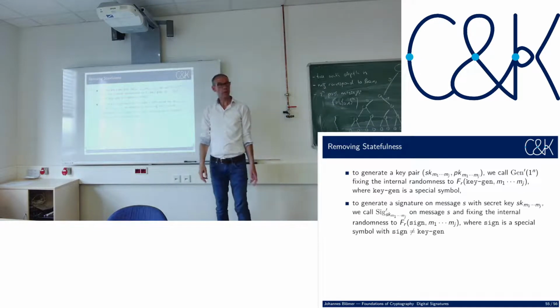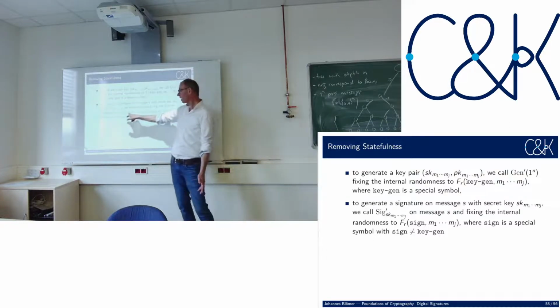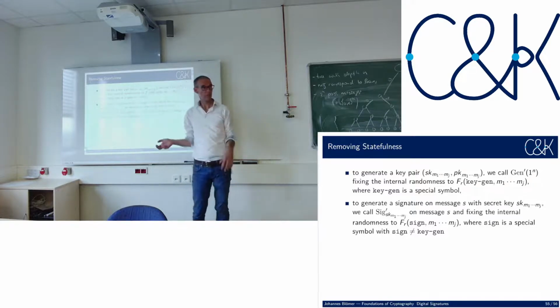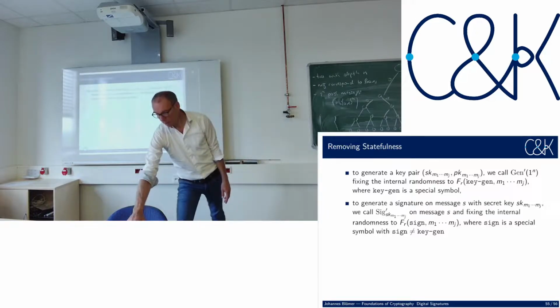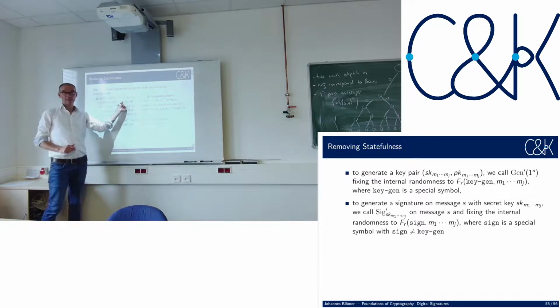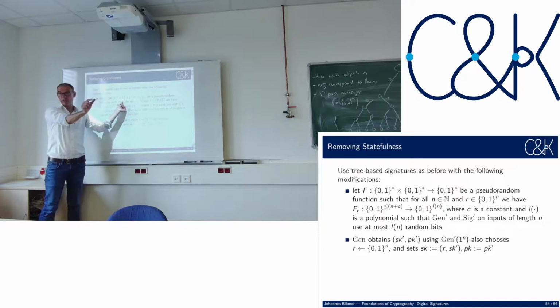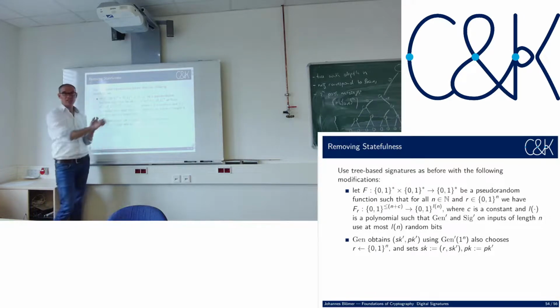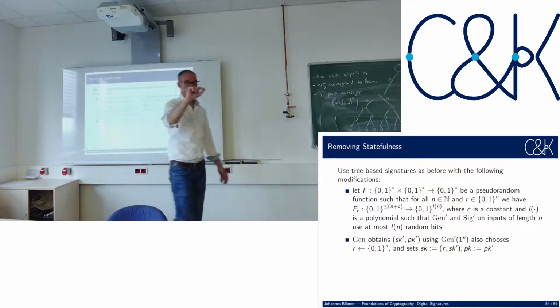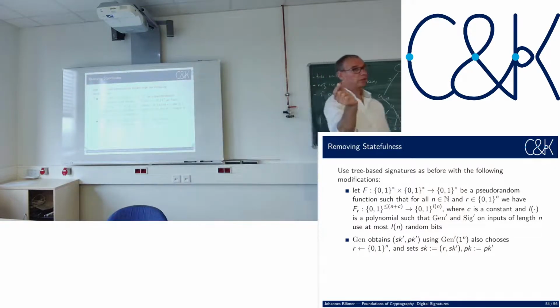If you want to compute the signature, you do the same thing, except that here it is the randomness for the signature in this node, where sign is some symbol different from the keygen symbol. That explains the less than n for all internal nodes, bit strings of length less than n, and the c is just there to encode keygen and sign, to differentiate between the two purposes for which you use the pseudo-randomness.